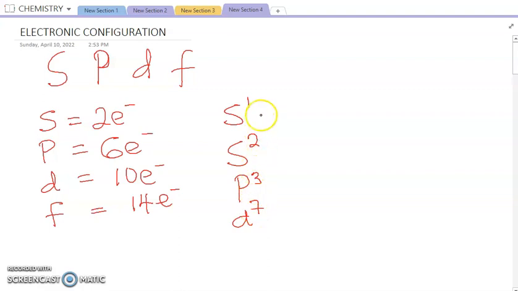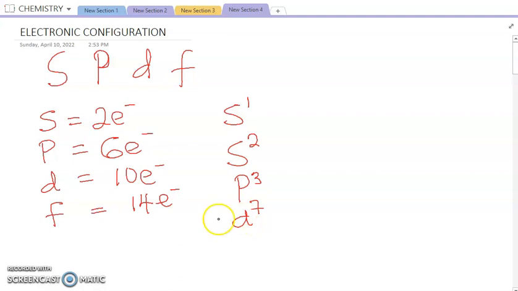Now, what this power signifies is the number of electrons. So meaning, for the first one where I have s to the power of 1, it means 1 electron in s orbital, 2 electrons in s orbital, 3 electrons in p orbital, 7 electrons in d orbital.